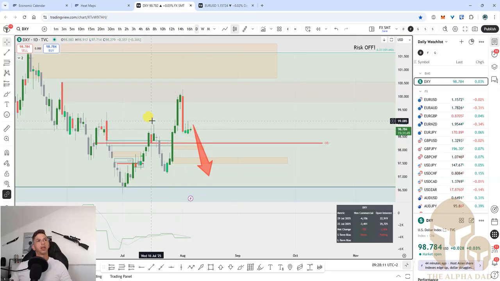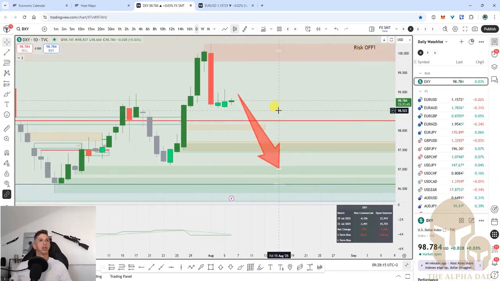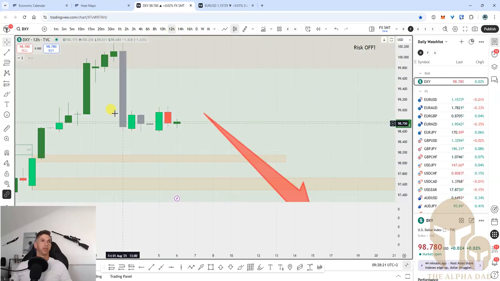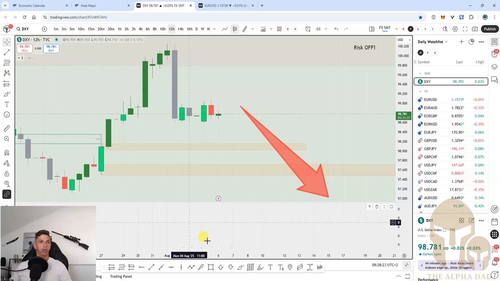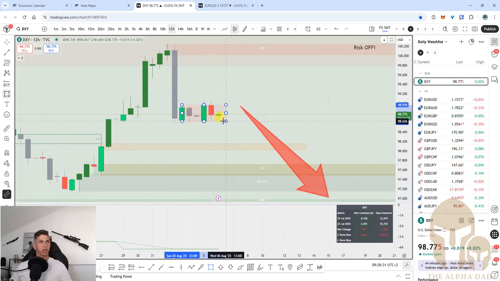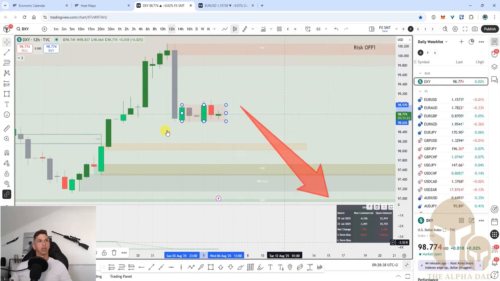We see kind of a consolidation here, right? It's clear on the daily it's a consolidation, nothing very rangy. Look at this, very rangy.